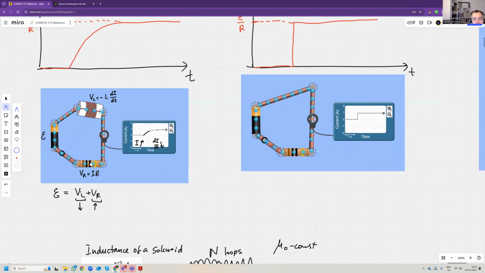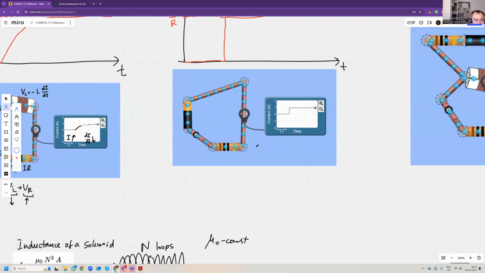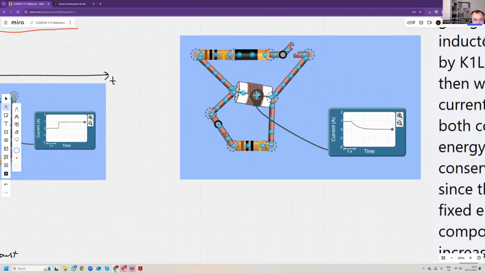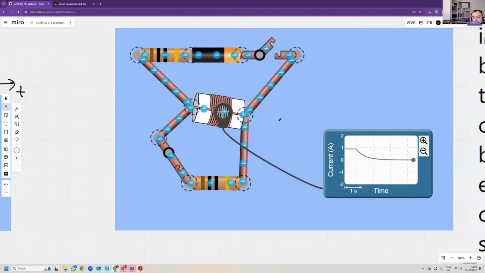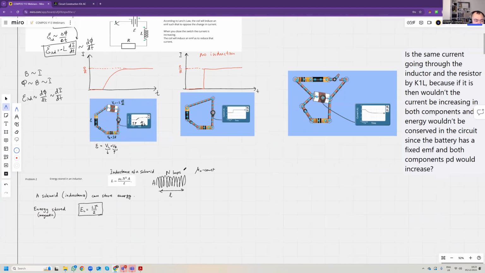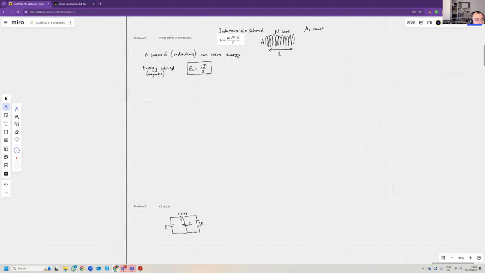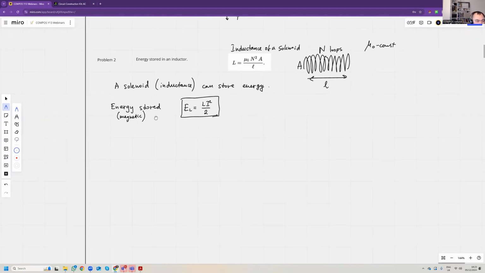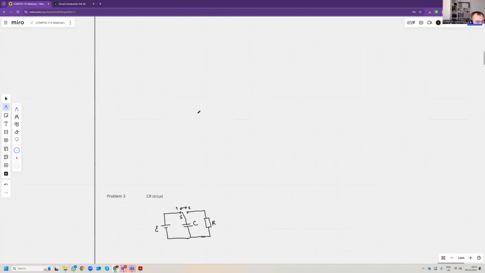Same thing here: the solenoid stores energy, and then that energy is dissipated through that bottom resistor. The area under the graph is current, so you can work out the energy stored.